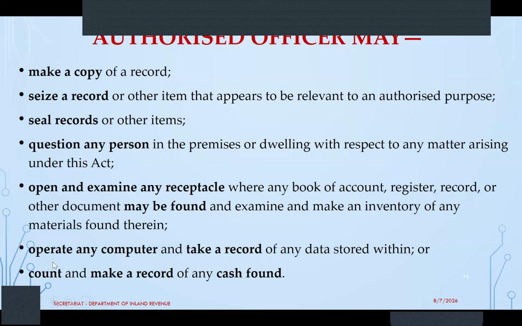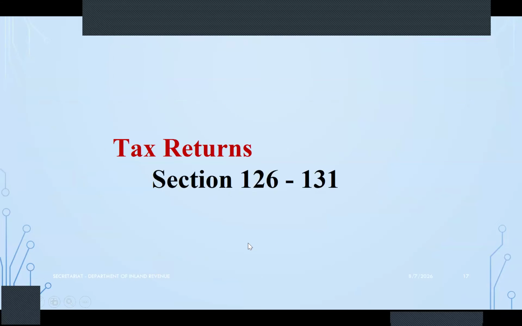Anything can be done because we are doing it to ascertain their tax liability, whether the declared amount is correct or not. To check that, any action can be taken by the IRD officers.